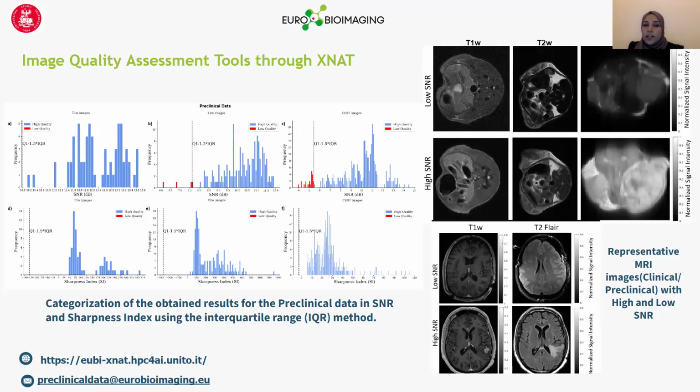And on the right here, some representative images show the difference between low and high quality images of the SNR for both clinical and preclinical. So it's true that we validated this tool only for the MRI modality at the moment, but we are also working to validate other imaging modalities, so that it can benefit preclinical researchers at large scale.